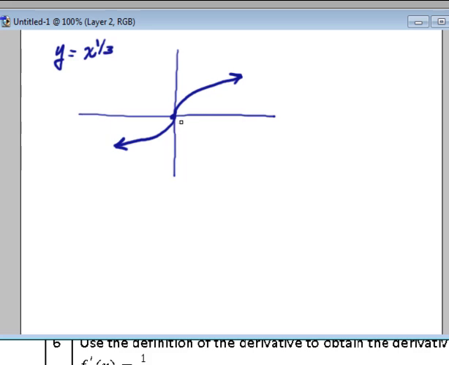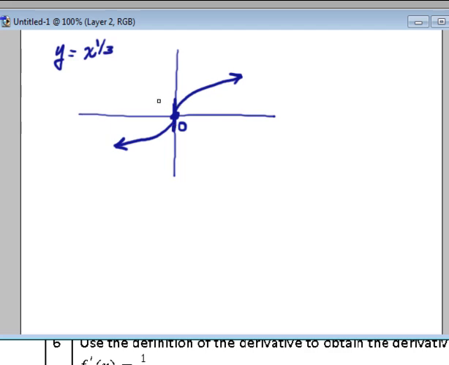Now here I have a picture of approximately what y equal x to the 1/3 looks like. It's increasing on the right, and it's symmetric with respect to 0. It's positive on the right, negative on the left. And look what's happening at 0. At 0, we have a vertical tangent line.